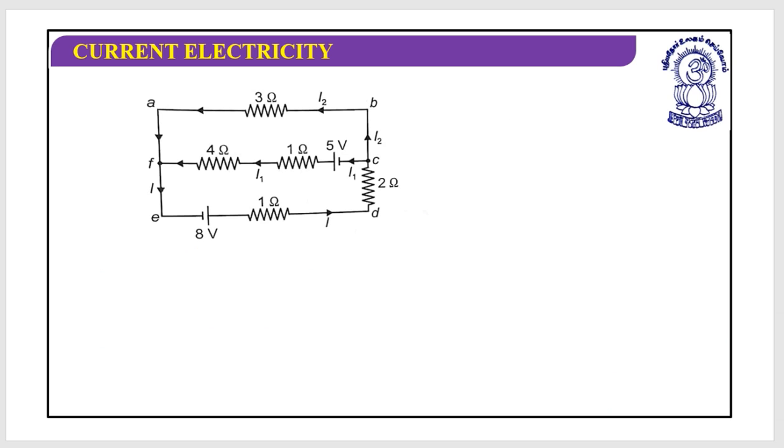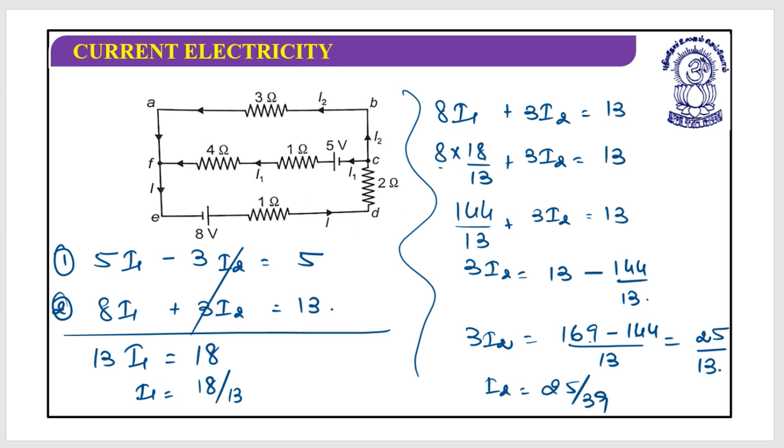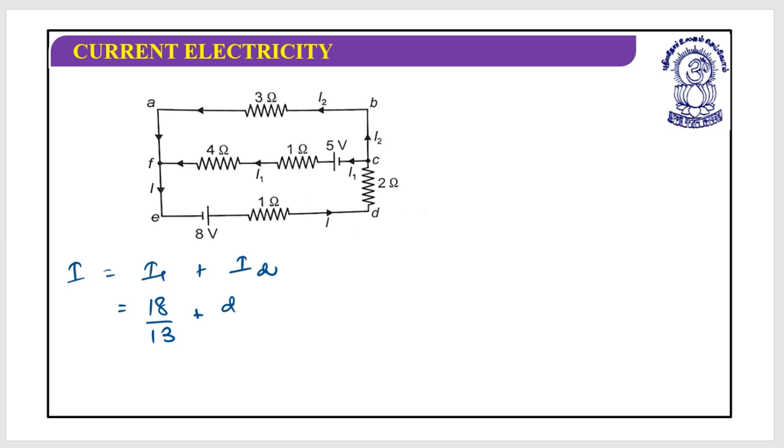Now let's just check it out, the value of I would be equal to I1 plus I2. I1 is 18 by 13, I2 is 25 by 39.